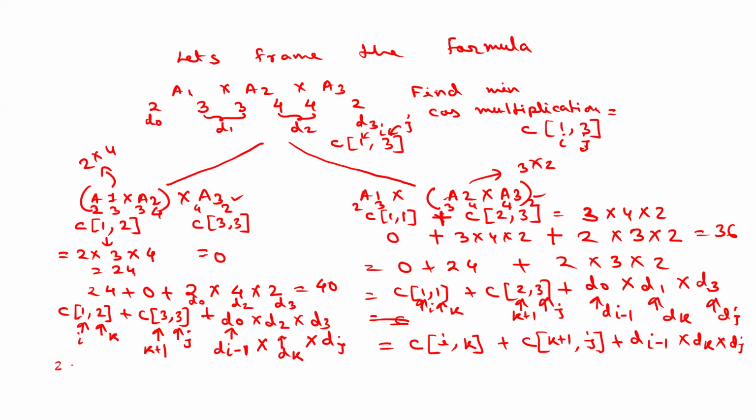Similarly here also the same: C(i,k) plus C(k plus 1, j) plus d(I minus 1) into dk into dj. The difference is that here the k value is 2 and here the k value is 1. So how to form the formula?